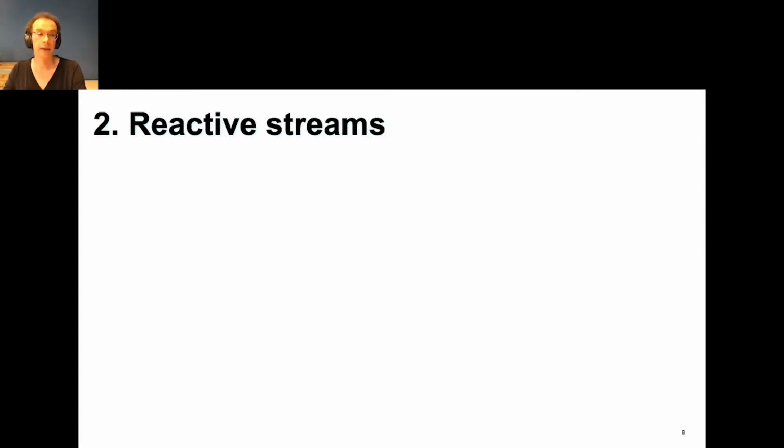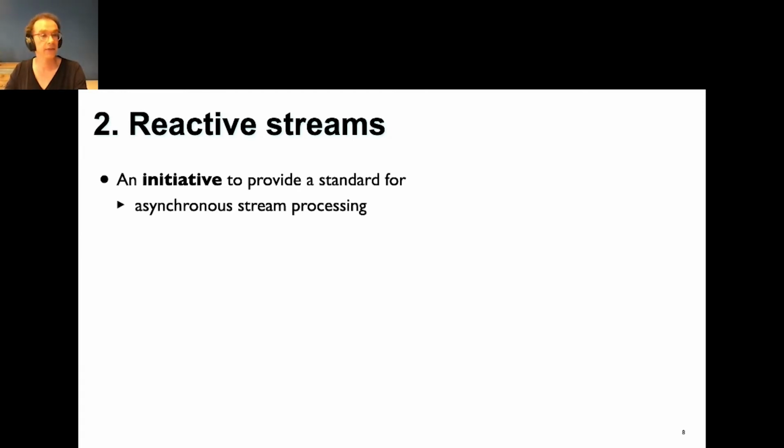So the second reactive buzzword that I'd like to talk about is reactive streams. This is an initiative that started in 2013, which is a couple of years ago, of course, between engineers at Netflix, Pivotal from Spring, and Lightbend. The initiative had the idea to provide a standard for asynchronous stream processing with non-blocking back pressure.